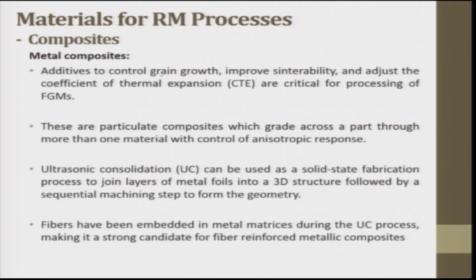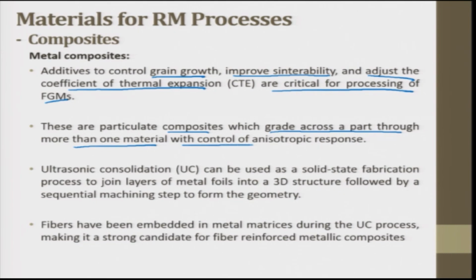Additives to control grain growth, improve sinterability and adjust the coefficient of thermal expansion are critical for processing of functionally graded materials. These are particulate composites which grade across a part through more than one material with control of anisotropic response.